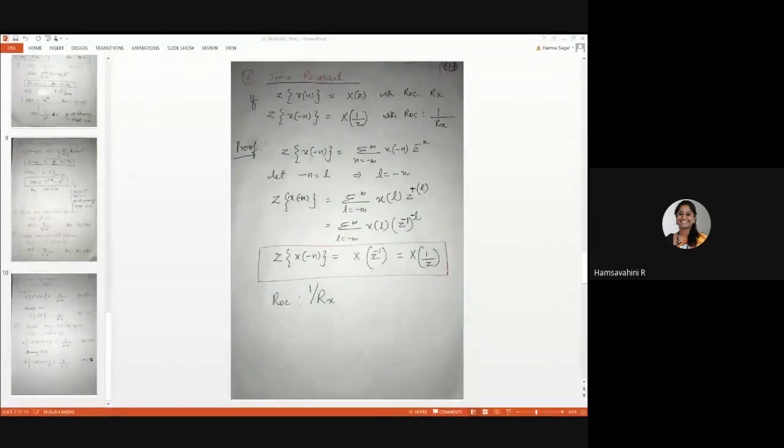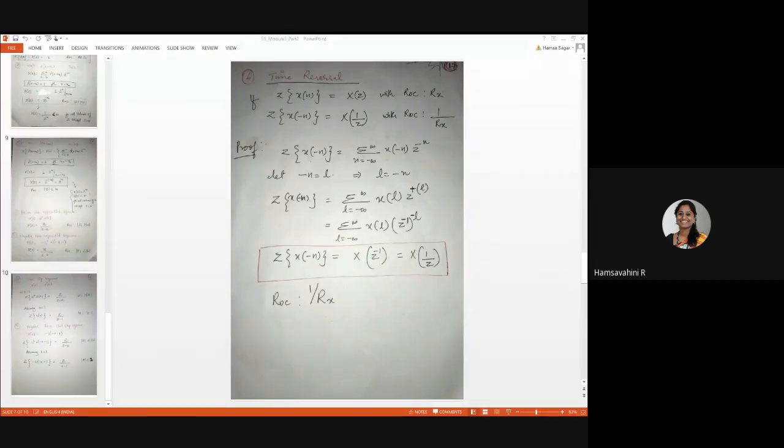Understood the properties? Students? Yes, ma'am. Understood the properties? Yes? Okay, please try to practice all these properties.